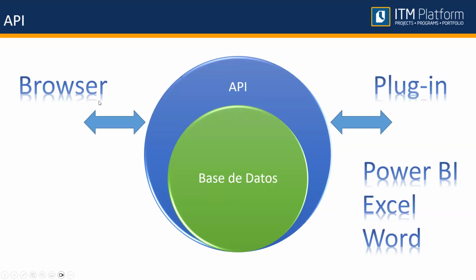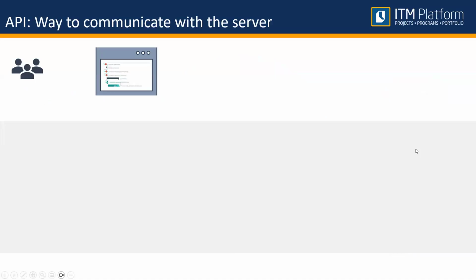There is a web app that I can use through the web browser, and that is what I typically recognize as ITM Platform, okay? But I can use it also in plugins or directly consume it from Power BI, Excel, or Word. So it is going to be a way to communicate with a server.